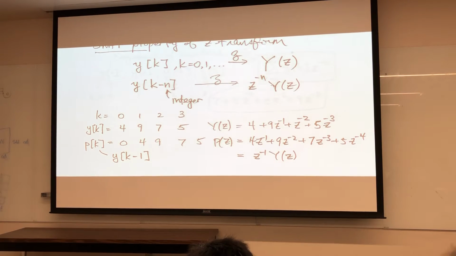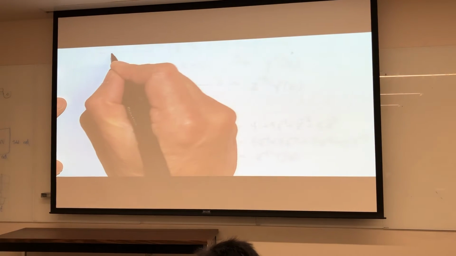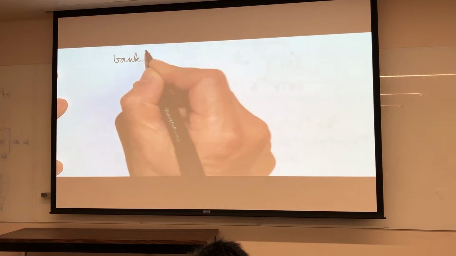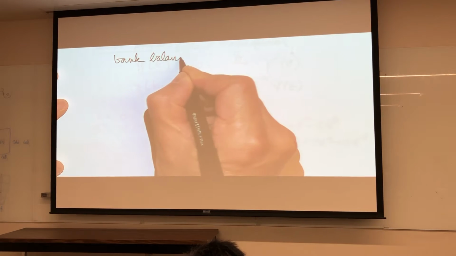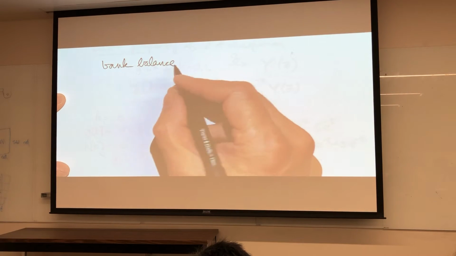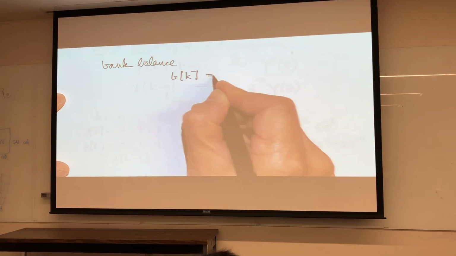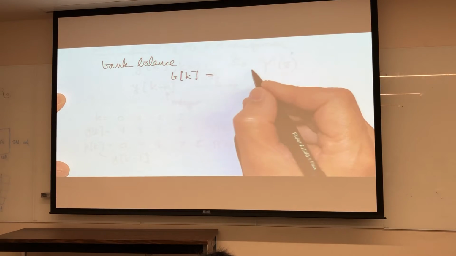So let me go back to the example of the bank account. What I might say is my bank balance today was the same as my bank balance last month.